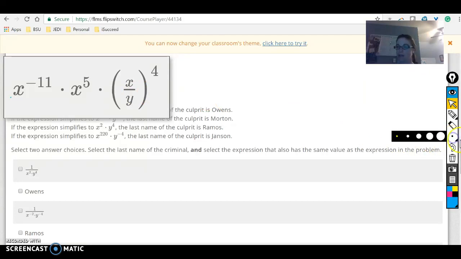And I'm also going to take my x to the 4th and my y to the 4th. So it's going to look like this. X to the negative 11 plus 5. I can combine those because they're the same base. And then this is still times x to the 4th over y to the 4th.